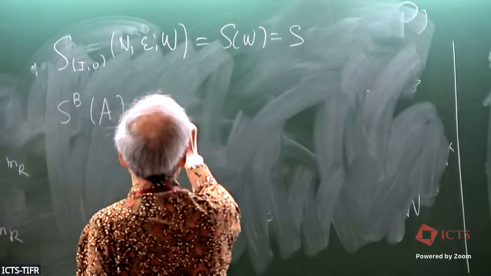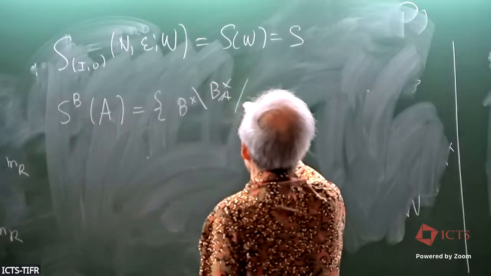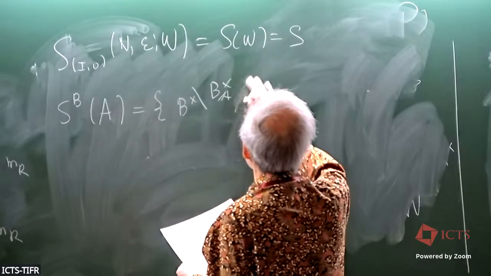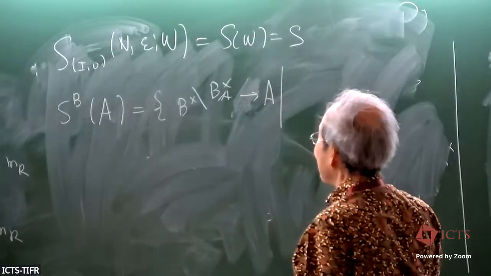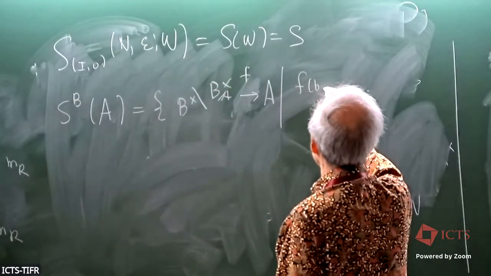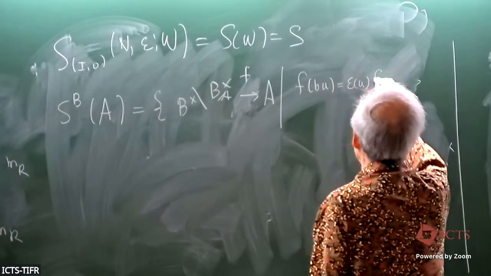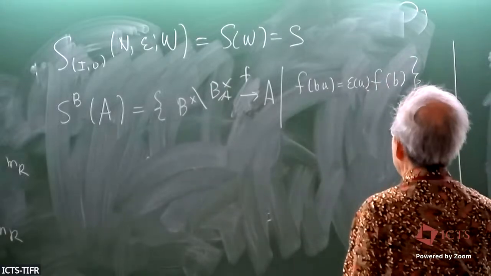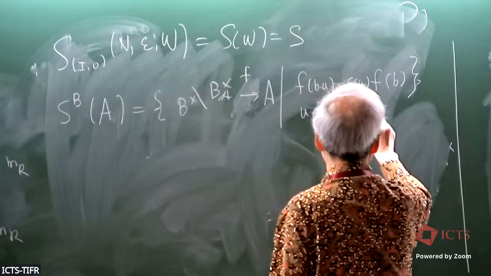This is just a function on B cross over B idealized cross, to A, such that, so F, I call F, B U is epsilon U F B, like that. U is in the Yamaha node N.